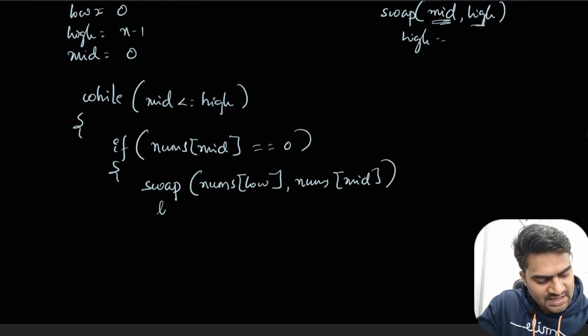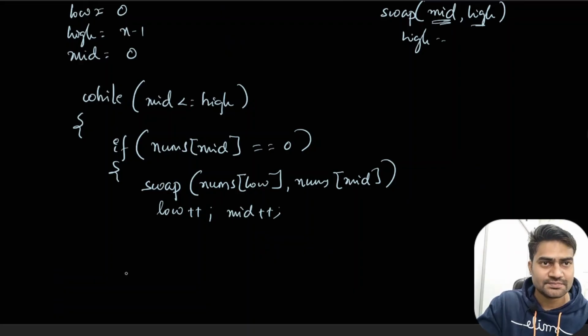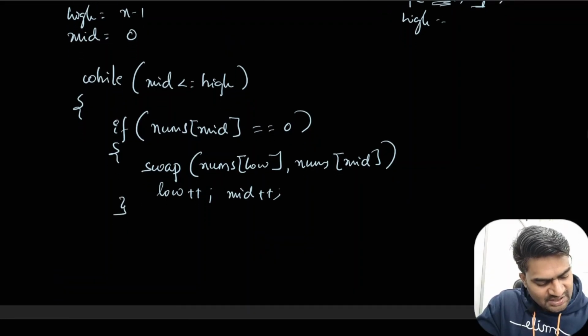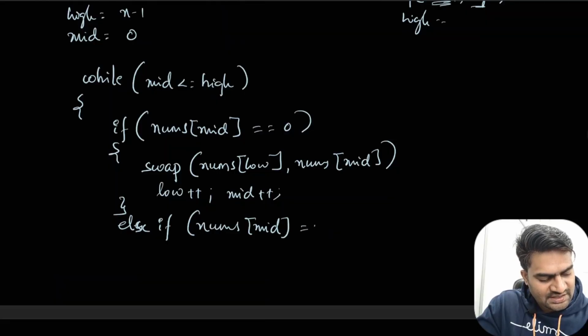After this I will say low plus plus and mid plus plus. Else if our nums of mid is equivalent to 1, I will simply say mid plus plus.